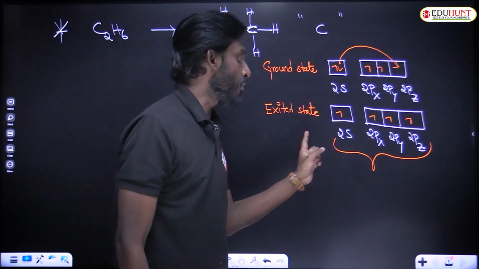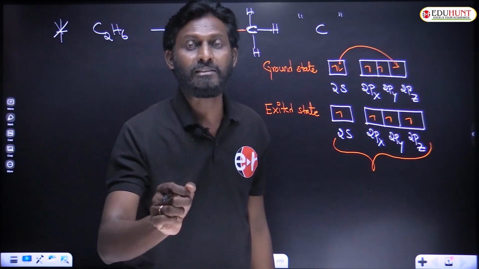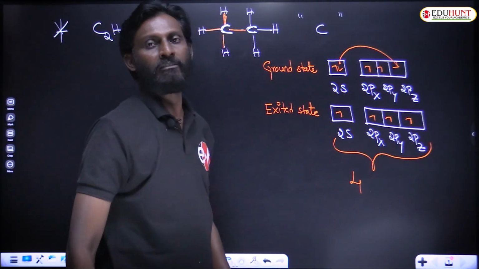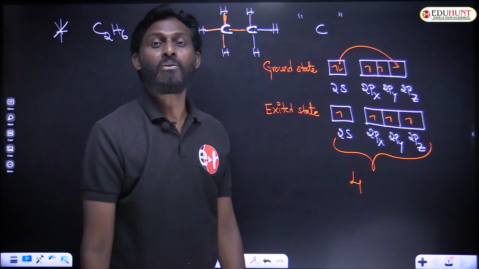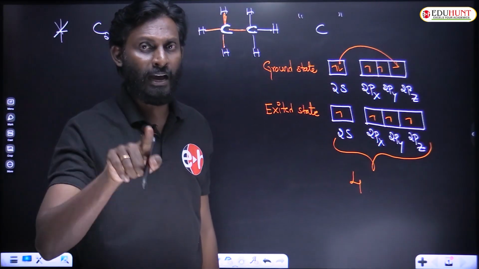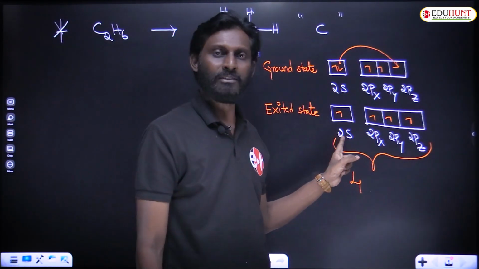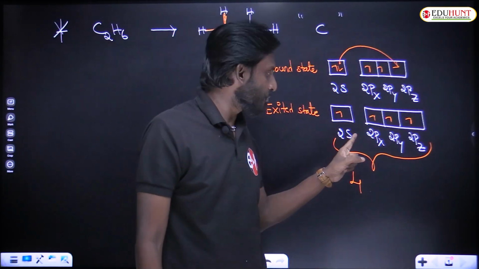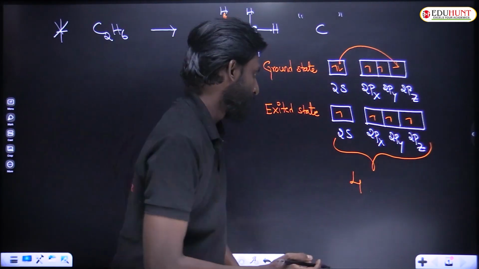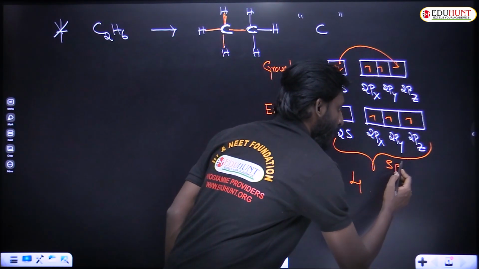So when 4 atomic orbitals intermix, what happens? 4 hybrid orbitals will be formed. Sir, what is the name of the hybrid orbital? See, one s orbital intermixes with 3 p orbitals. Then the hybridization is called sp3 hybridization.